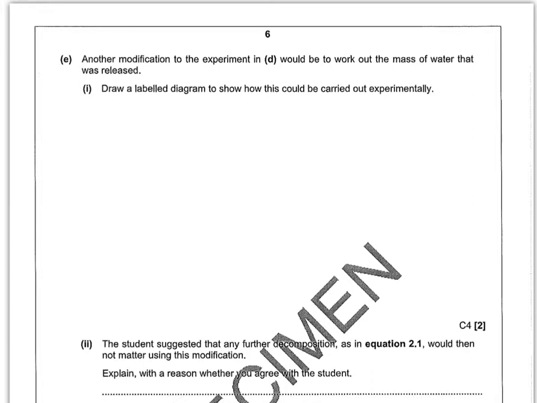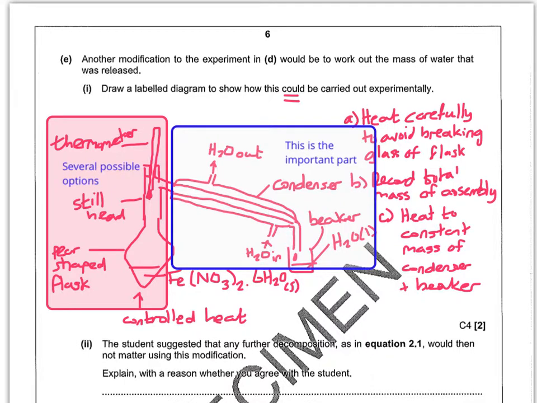You're actually allowed to use any one of a number of possibilities here, provided you're showing how the water could be collected. So using a condenser to collect the water accurately is the most important part. I've highlighted the bit that's possibly quite important, and there are several possible options for what you could use to heat the hydrated iron nitrate.